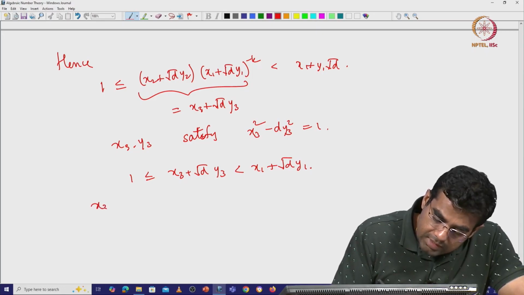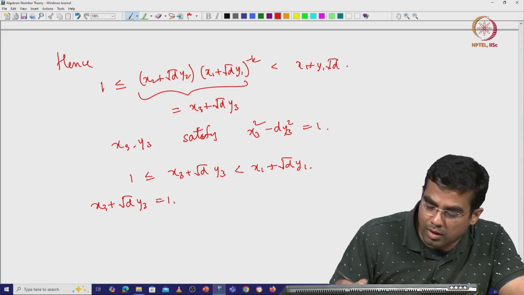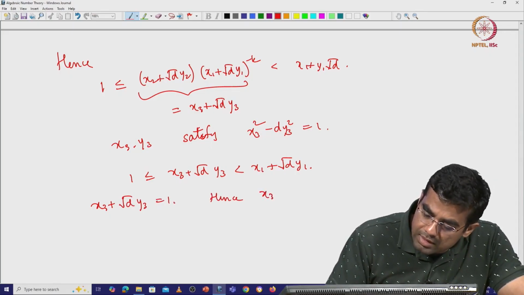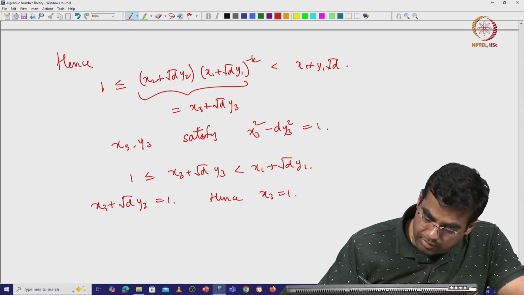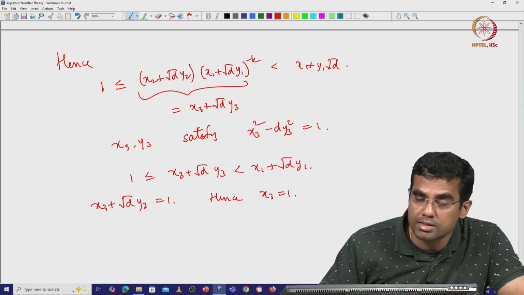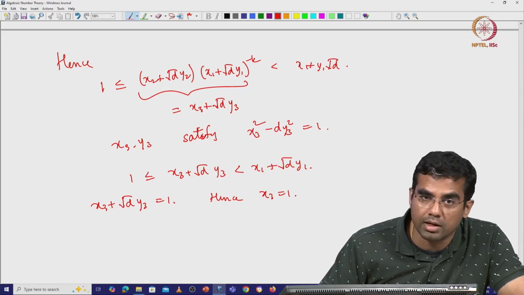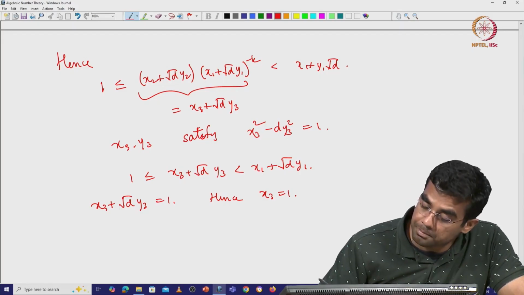Okay. So, now there are two cases to consider. Let us say that x3 plus square root of d y3 is equal to 1, then x3 is equal to 1 because otherwise the left hand side is irrational and the right hand side is rational, right.